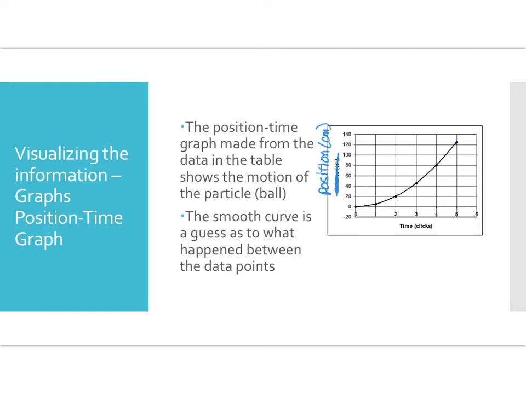And then the time, which is t, is measured in clicks. The proper name for this graph would be position versus time. This is always the y-axis, and this is always the x-axis when we're naming the graph of blah versus blah. It's whatever's on the vertical axis versus whatever's on the horizontal axis.